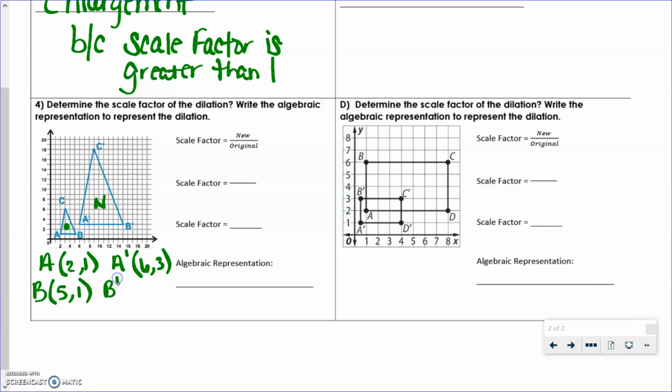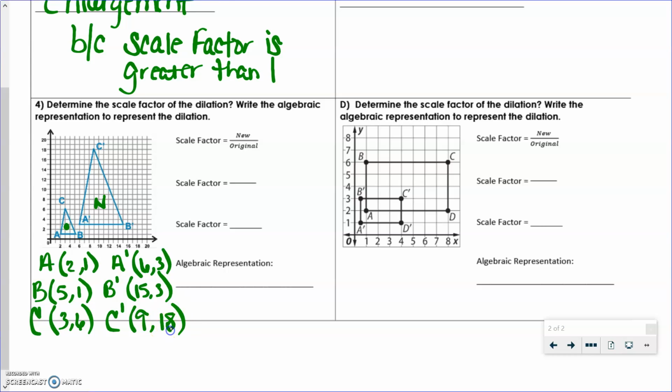B prime is 15, 3. And last but not least, C is 3, 6. And C prime is 9, 18.